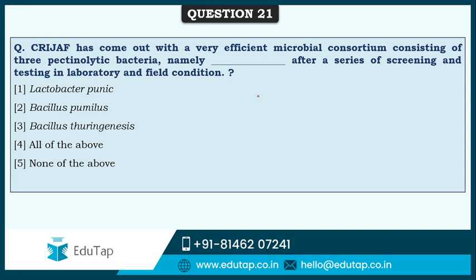So next question. CRISAF, that is ICAR, Central Research Institute for Jute and Allied Fibers, has come out with a very efficient microbial consortium. That is a group of microbes consisting of 3 pectinolytic bacteria. They can dissolve the pectin in the plants.